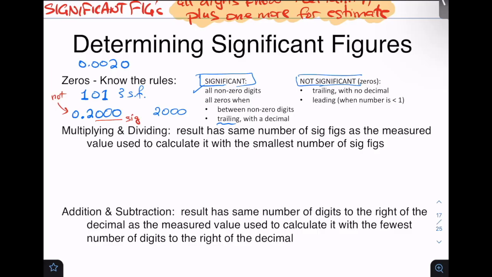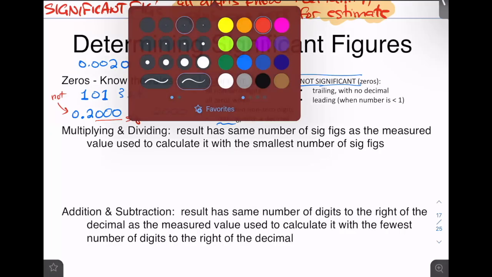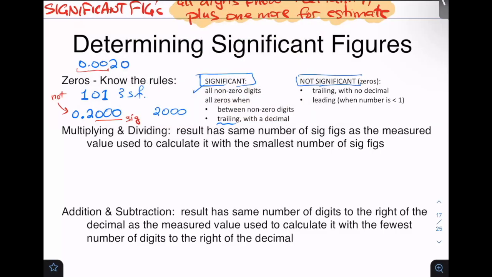How many think it's 1? How many think it's 2? How many think it's 3? How many think it's 4? Okay. It is 2. There are 2 significant figures because the leading zeros never are significant. They're just showing you the place. However, in this case, the trailing zero is significant because there's a decimal point there.